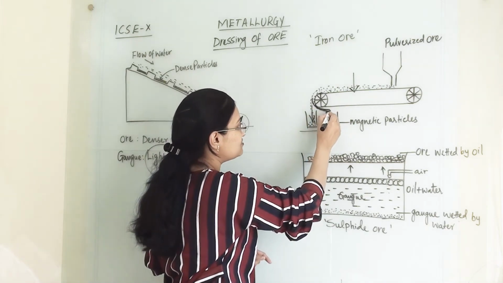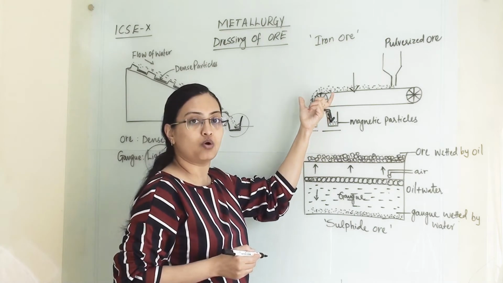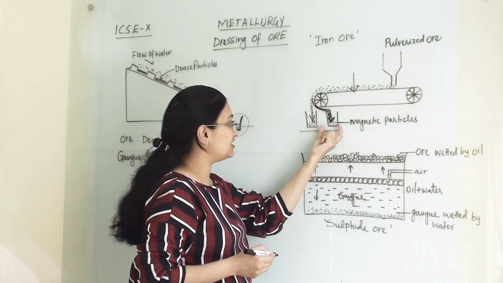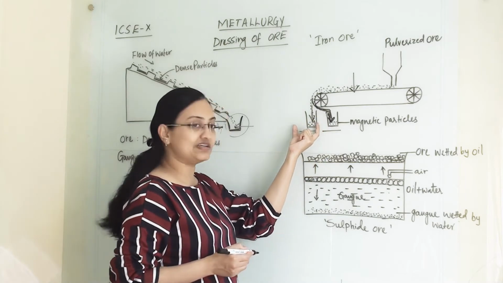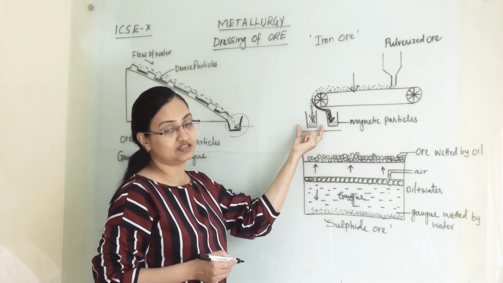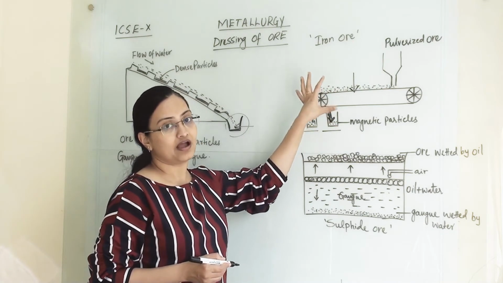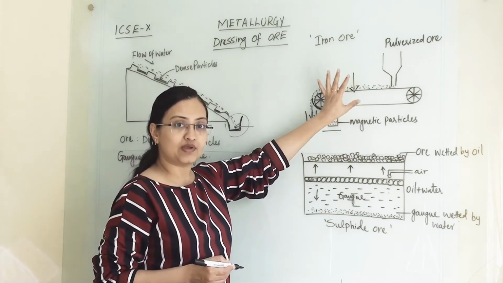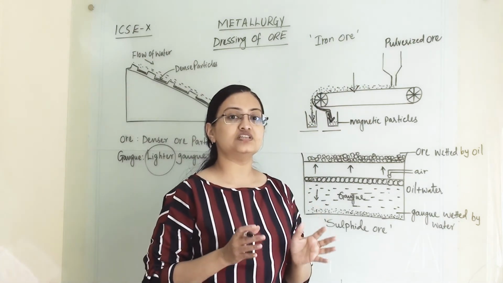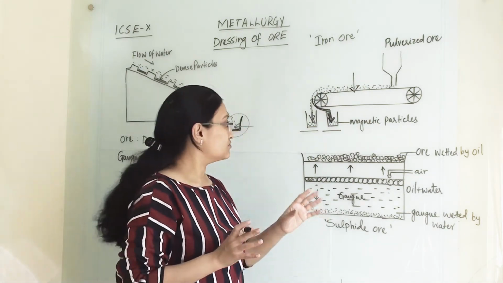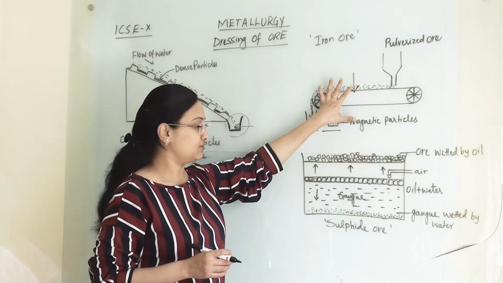Those magnetic particles we collect here, and the non-magnetic gangue particles we collect there. But we can use this only for iron particles, because this is magnetic separation and iron is the only metal which is attracted towards the magnet. So this process is specifically for iron ore.